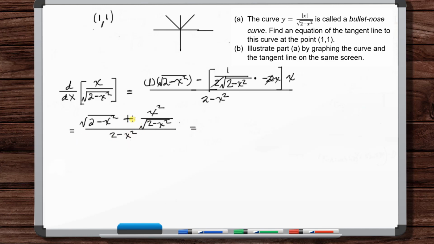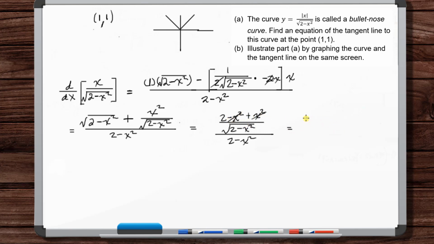Let's combine these two. Multiply this by the root of 2 minus x squared over the root of 2 minus x squared, and you get 2 minus x squared plus x squared over, okay, so these cancel.